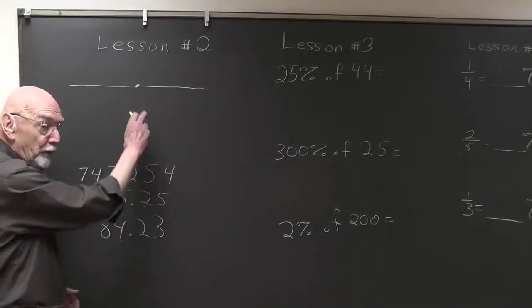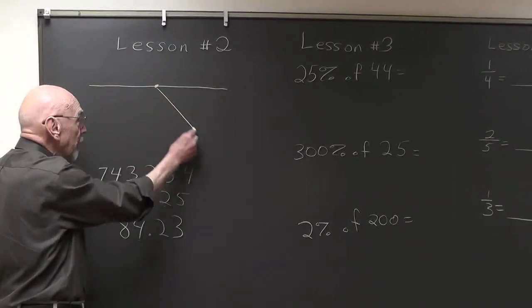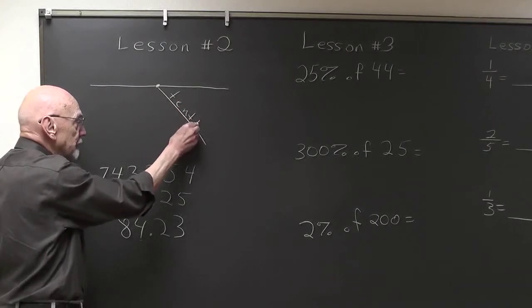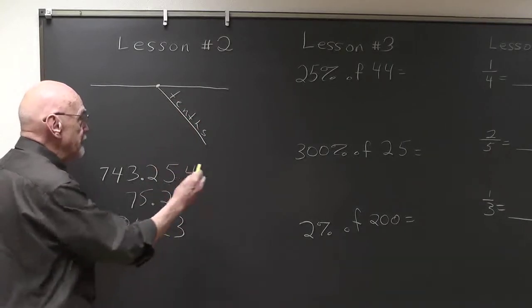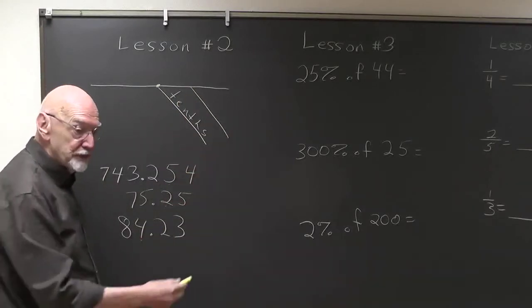This is the decimal point. The first place to the right of the decimal point is tenths. The second place to the right of the decimal point is hundredths.